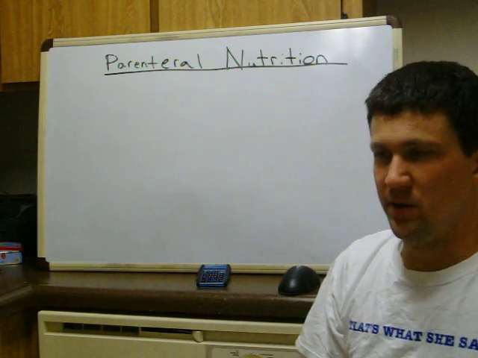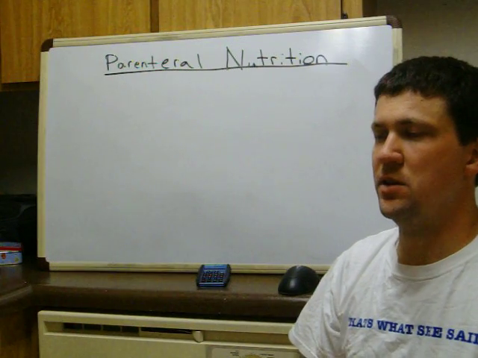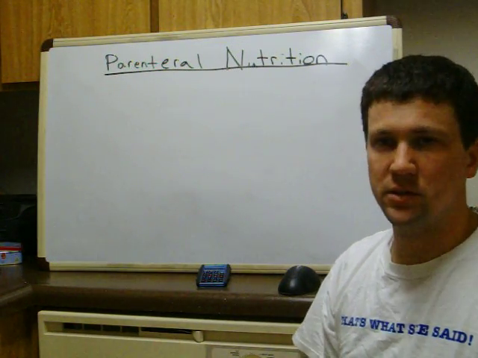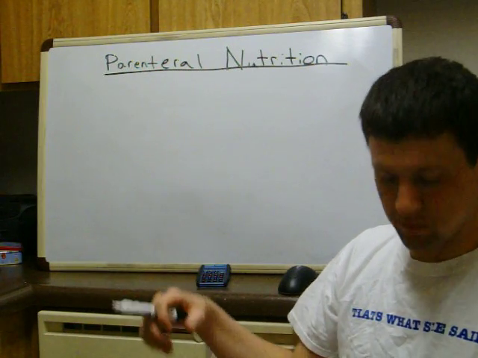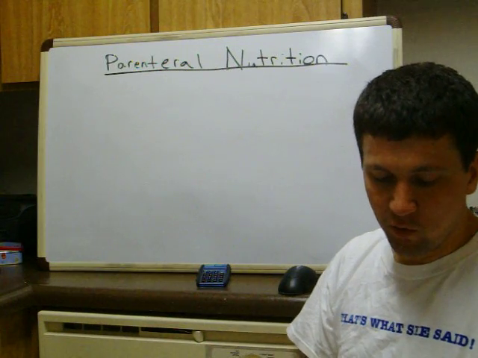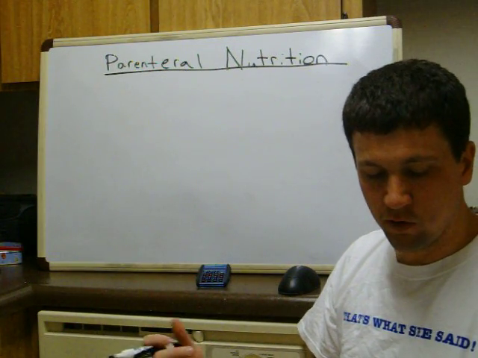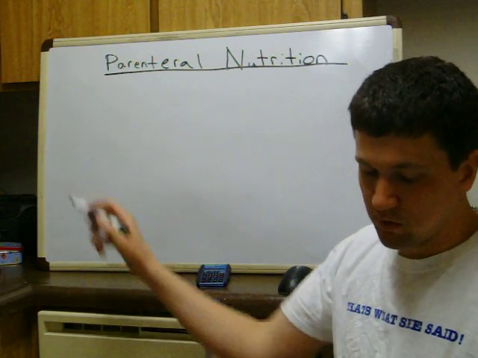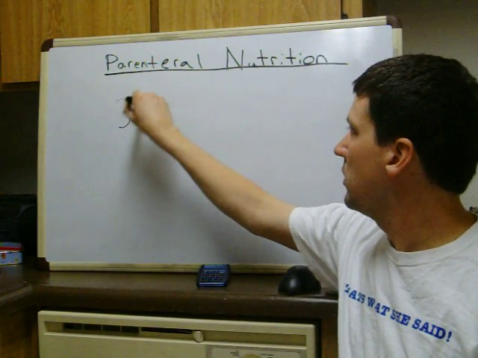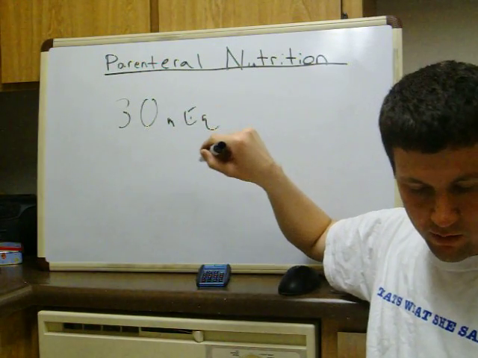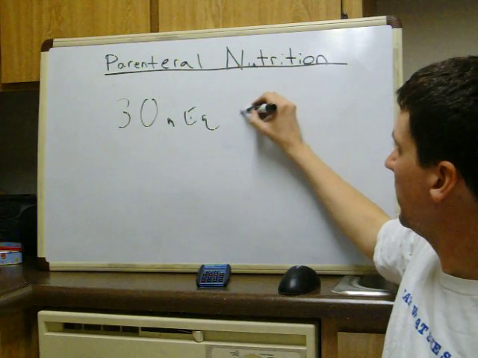And the way that it's done is just adding a whole bunch of individual ingredients. So these bottles, or the ingredients that are used, have different concentrations, so you need to add different amounts of each one. So let's say you're given an order, and in that order the patient needs to receive 30 milliequivalents of potassium chloride.